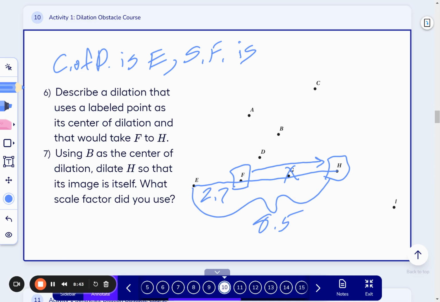So I would say 8.5 divided by 2.7, 3.148, and that's repeating. That would be the scale factor.